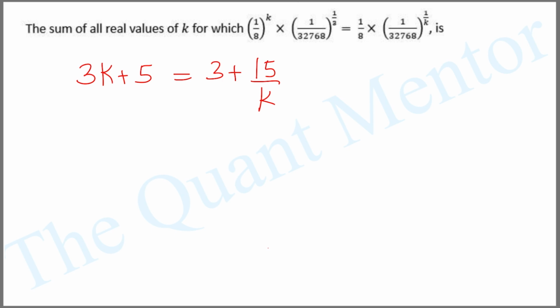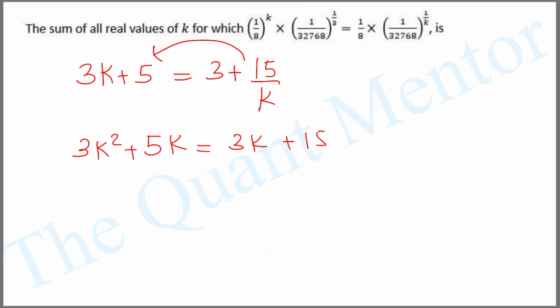We'll multiply throughout by k and take all the terms on the left hand side. We are going to get 3k square plus 5k is equal to 3k plus 15. And now taking all the terms on the left hand side, 3k square plus 2k minus 15 is 0.